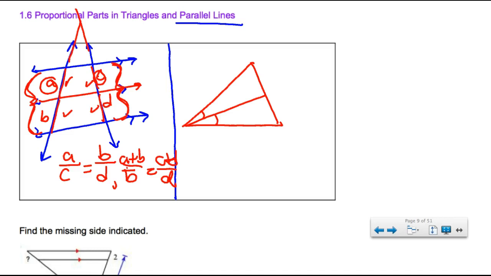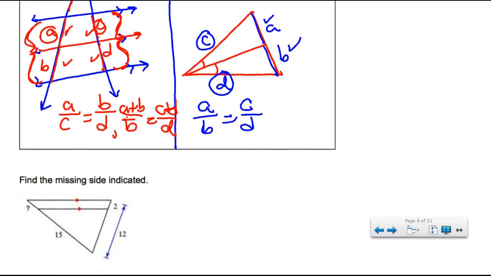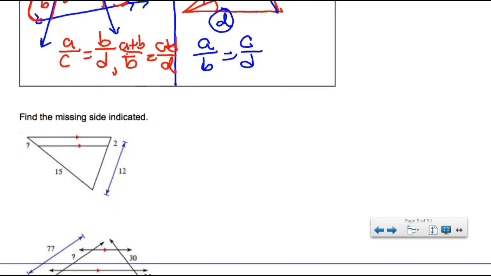We also have a theorem that says that this side's pieces that got chopped, and let's call these two pieces A and B, and let's call these two C and D, so we can also say that A is to B as C is to D. So this got chopped proportional to these two sides. And then again, to solve all these proportions, we just set the cross products equal.